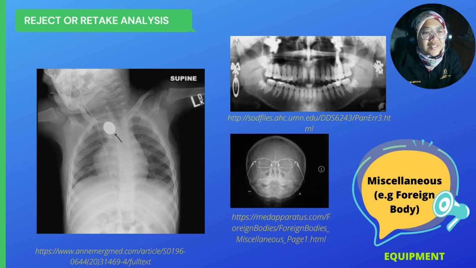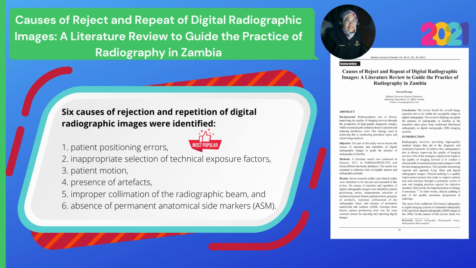The second one, the earring, and the third one is a speck for the OM view of the skull. So there must be a reason for reject, and there must be a justification to accept the images.